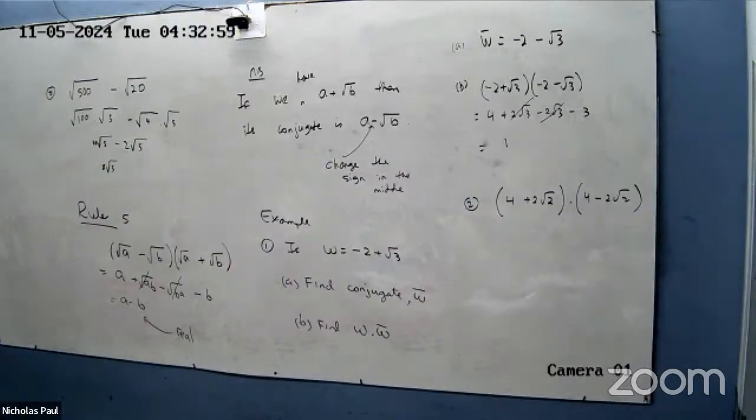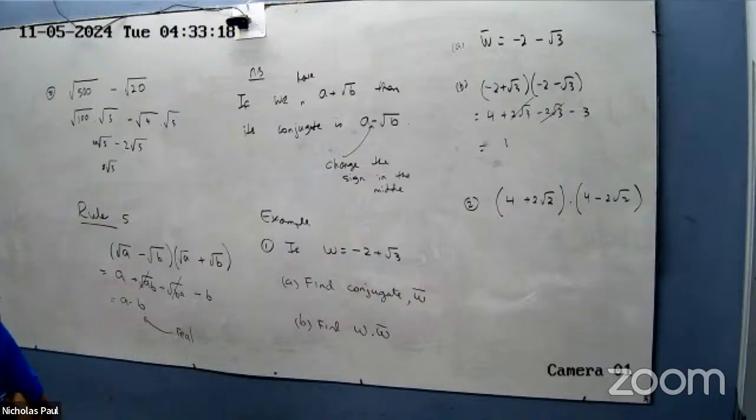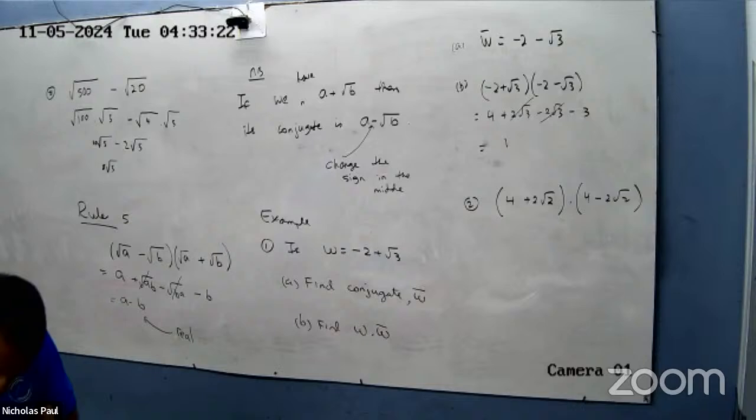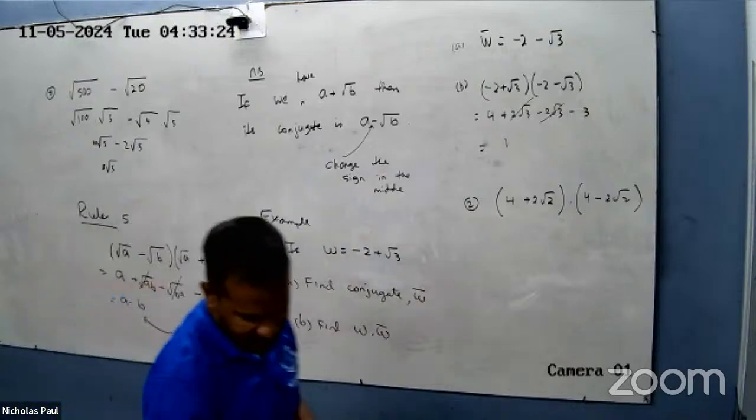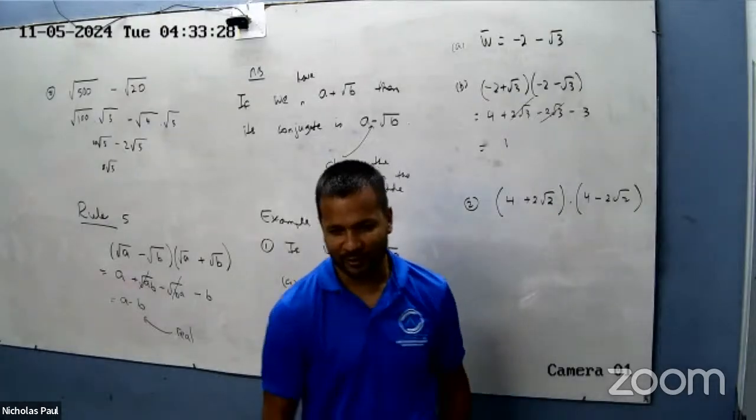Multiply 4 plus 2 root 2 by 4 minus 2 root 2. Multiply by the conjugate. Take your time when you're multiplying 2 root 2 by minus 2 root 2.